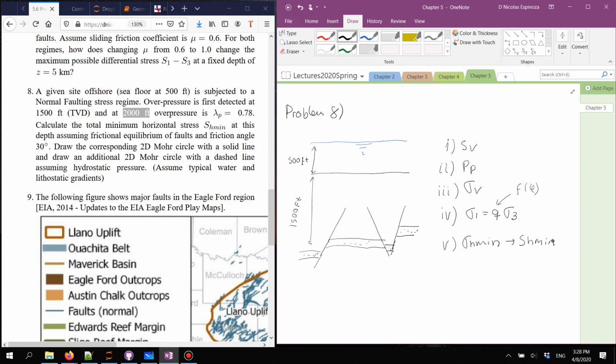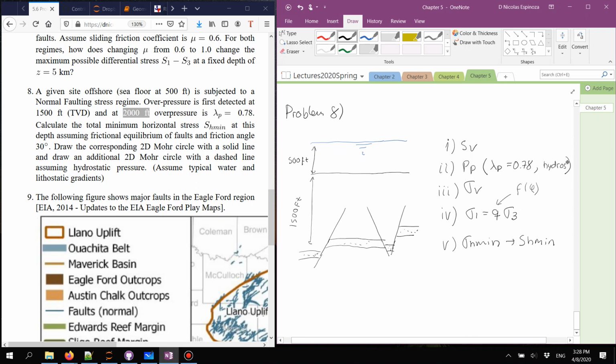And in addition, I'm asking you also to draw the Mohr circles and to repeat this calculation for the case in which you have hydrostatic pore pressure. So for this case, I'm going to ask for two solutions. One is the one with lambda p equal to 0.78, and another solution considering that this is hydrostatic.